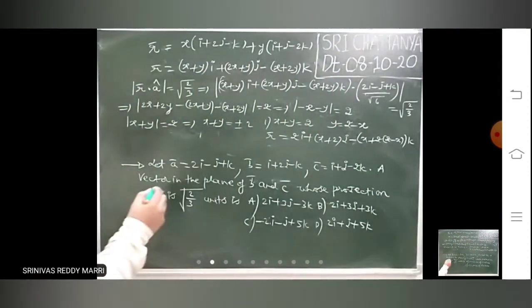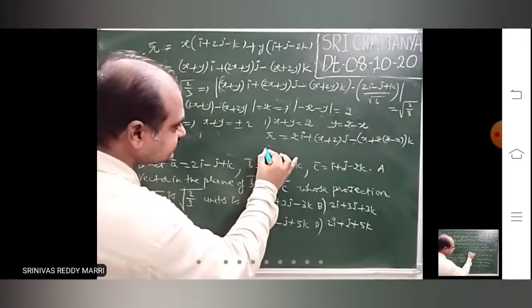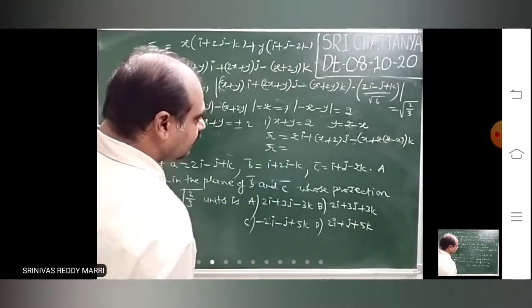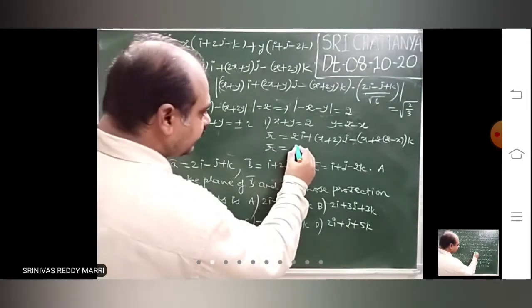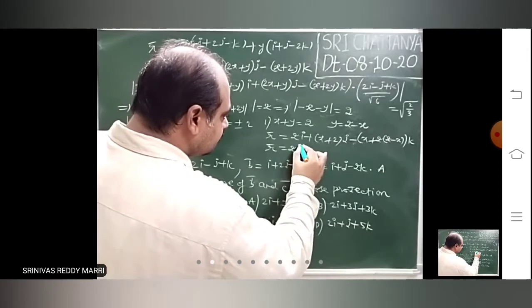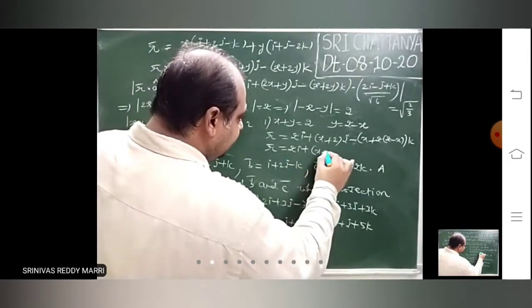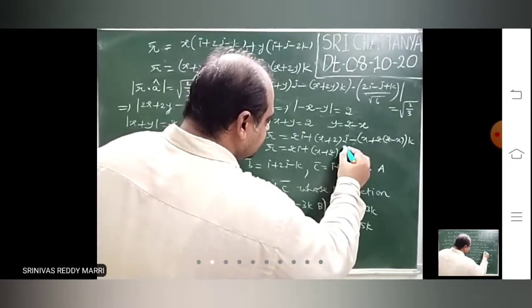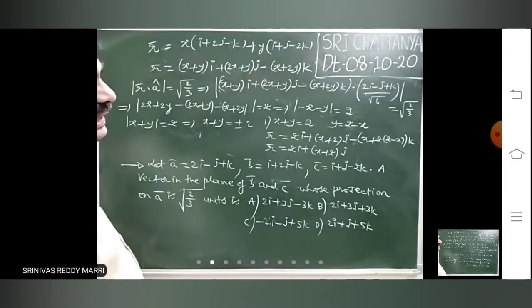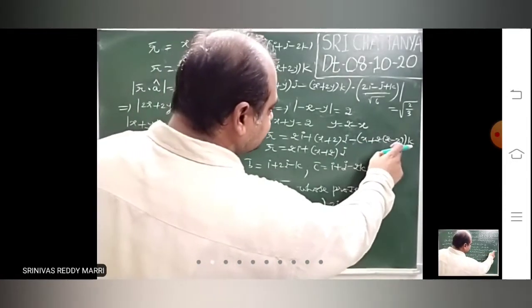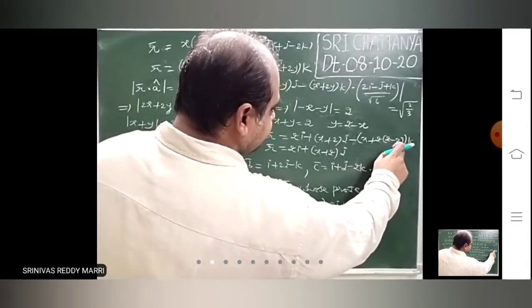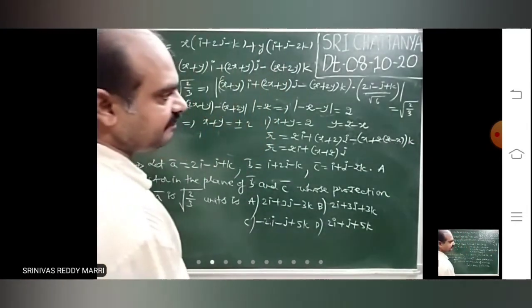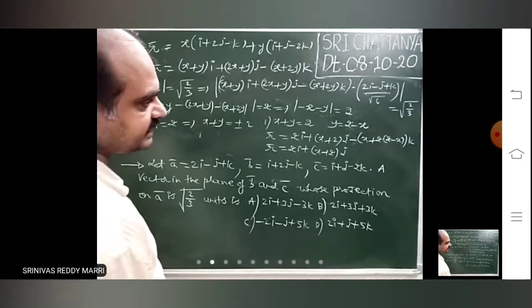In this case r bar equals 2i. I am writing the vector in terms of x into j. So here you will get x minus 2x, so x minus 2x minus x plus 4.